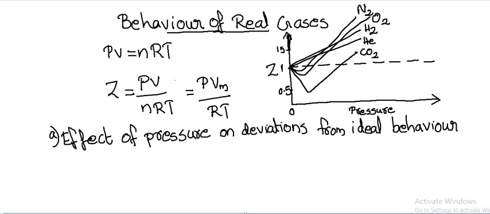Today I am going to discuss the behavior of real gases. We know that real gases obey the ideal gas laws and the ideal gas equation PV equal to nRT only at relatively high temperatures and low pressures.